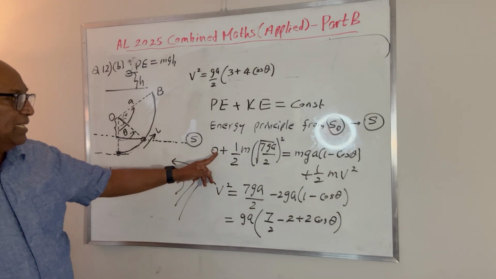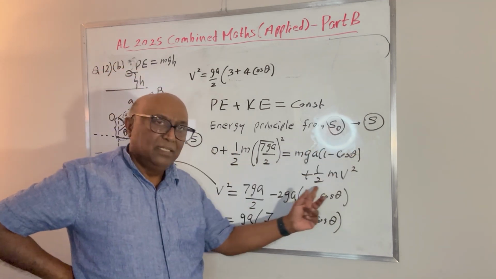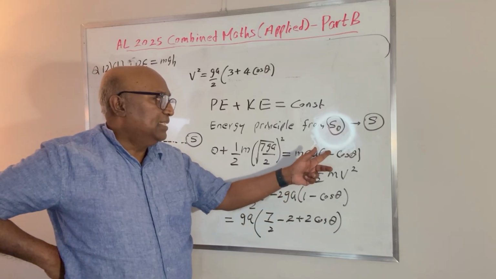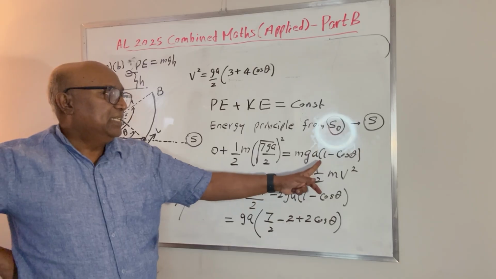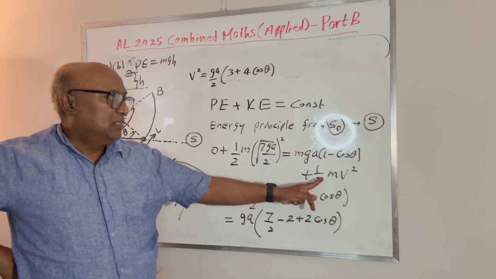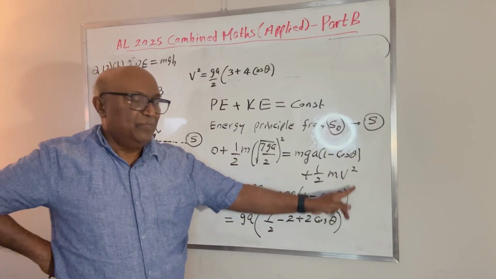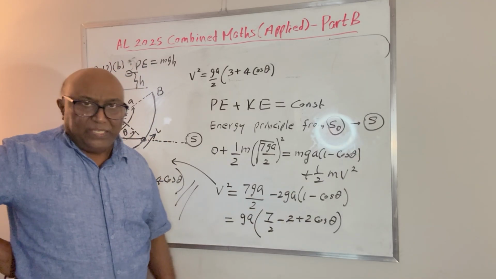The left side is the sum of energy in the initial level. The right side represents the sum of energy in state S. This is potential energy, we apply mg times the height difference a minus a cos theta. This is the kinetic energy, half mv squared.